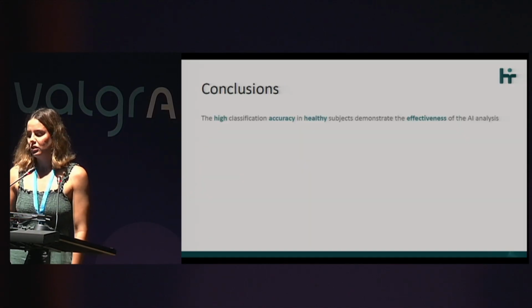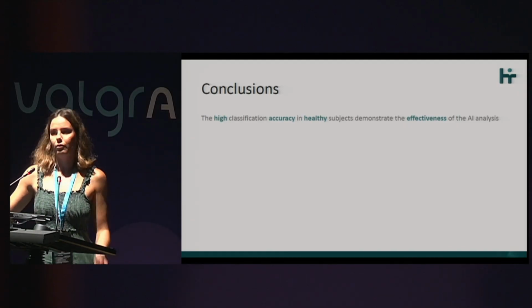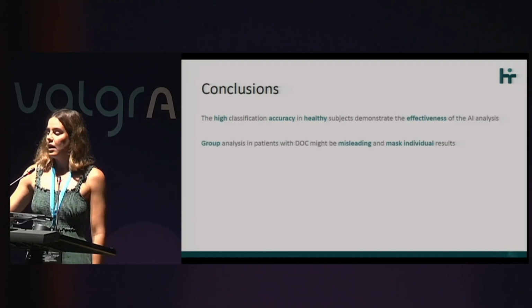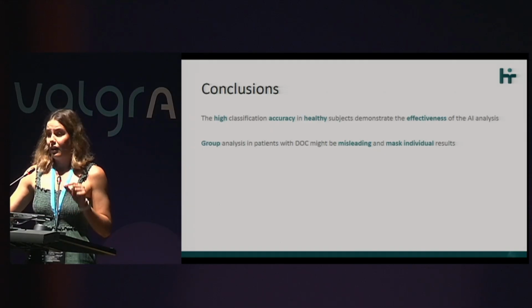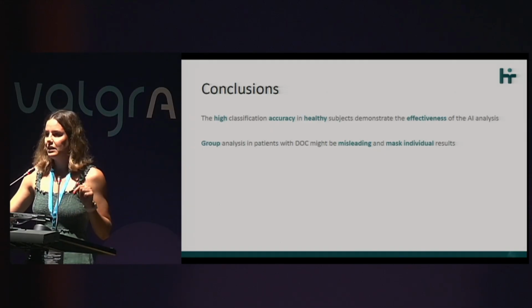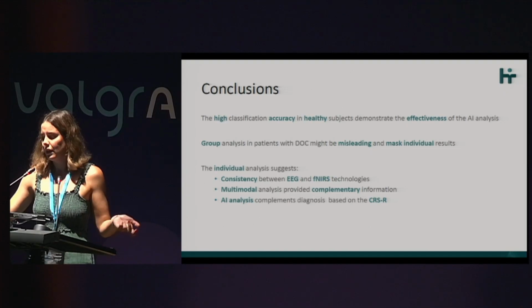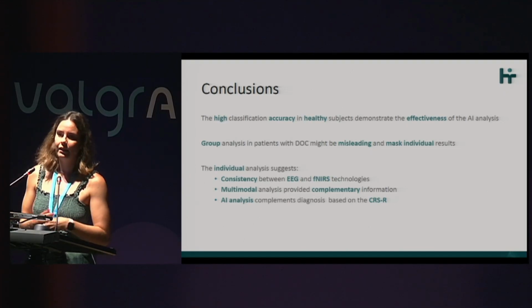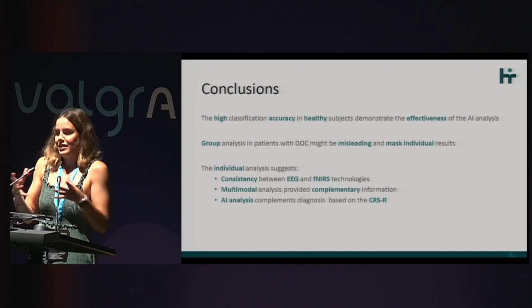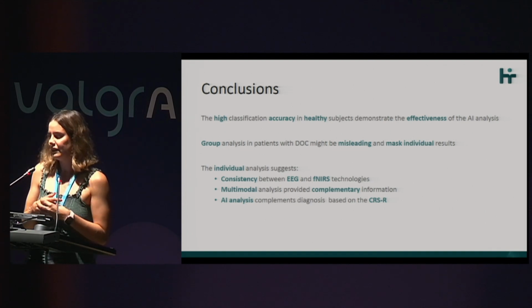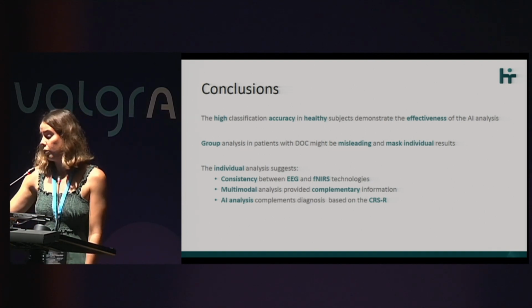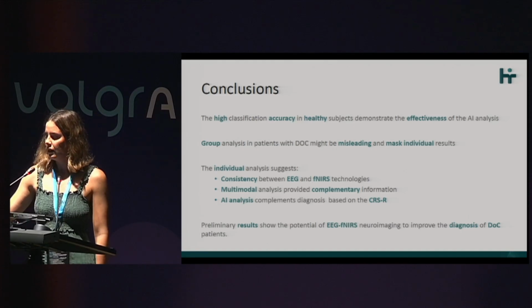So as a conclusion, we can see that the algorithm works because of the healthy controls. We need individual analysis in DOC patients, and this individual analysis says that this method, with artificial intelligence, can complement the Coma Recovery Scale diagnosis.